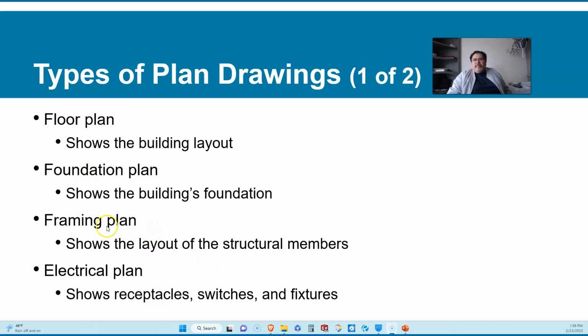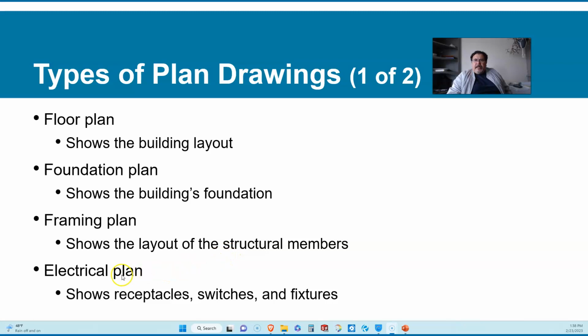Framing plans show the layout of the structural members. So a framing plan is just going to show how things are laid out, and what the structural members are, and which directions they might go. So you might see a roof or floor framing plan that shows you the layout of the structural members, like the floor joists or the ceiling joists.